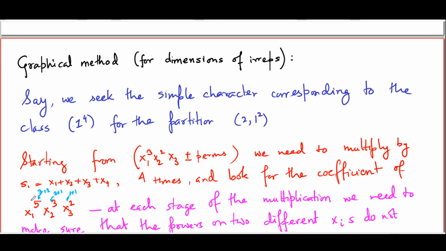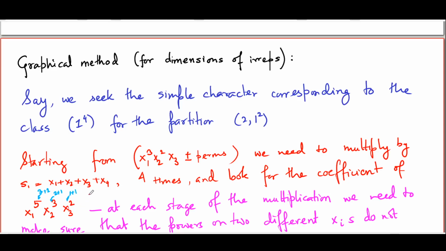So these powers 5, 3, 2 are simply the power 3 that you already had plus the 2 which came from the partition, 2 that you already had here plus the 1 which came from the partition. 2 plus 1 gives you 3, and similarly 1 plus 1 gives you 2.